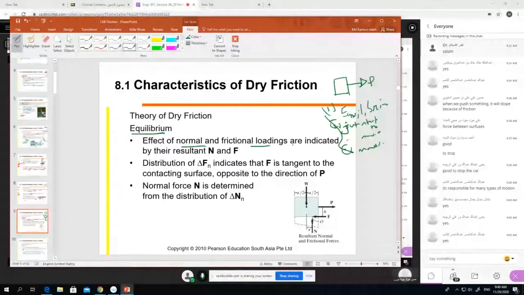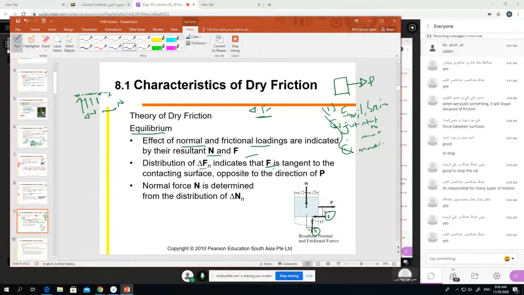The effects of the normal force and the frictional force are indicated by the resultants N and F. We first said there are many small forces, delta F. We say a small force delta F works, and all together we say it is F. There is a small amount of delta N, and all together we say N. The distributed delta F indicates that F is tangent to the contact surface.